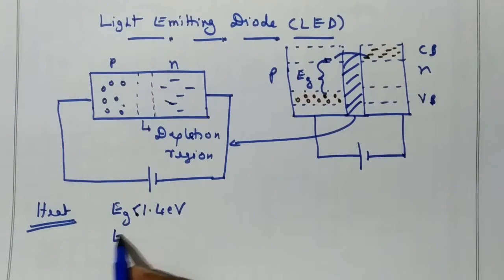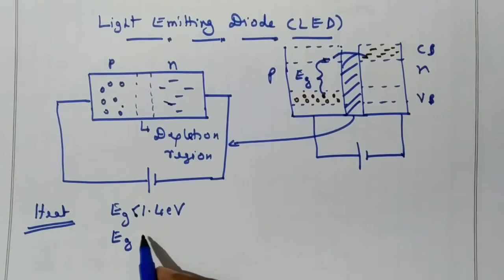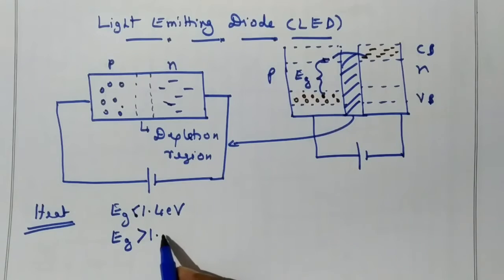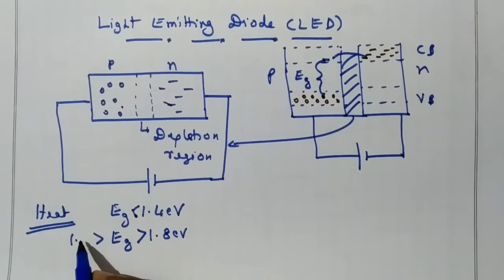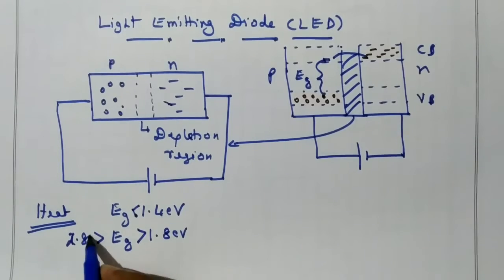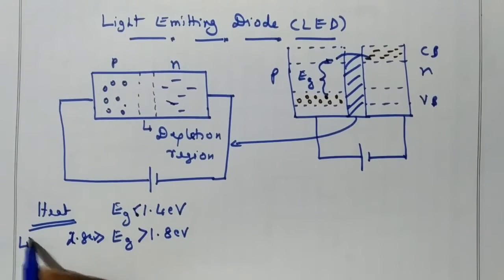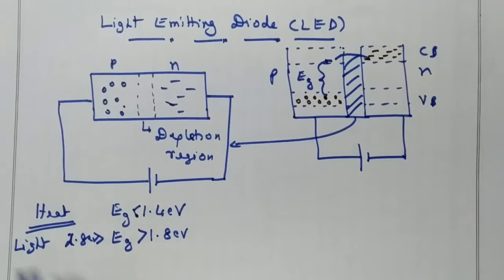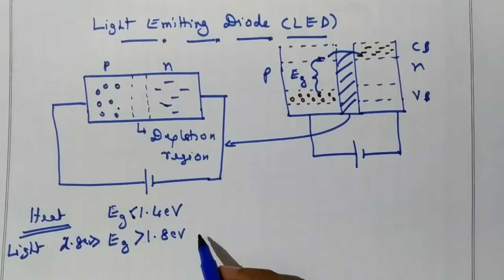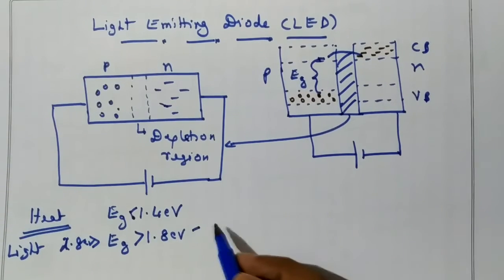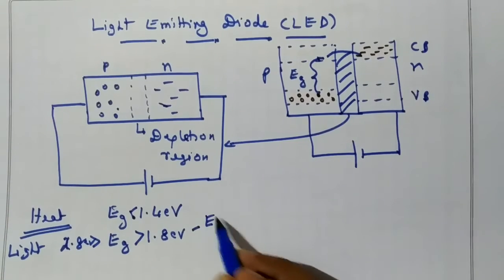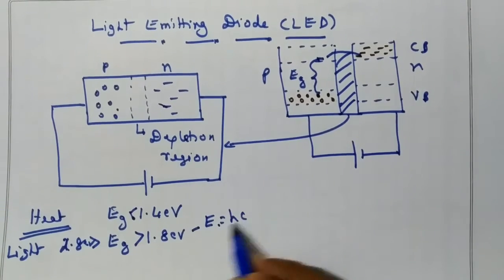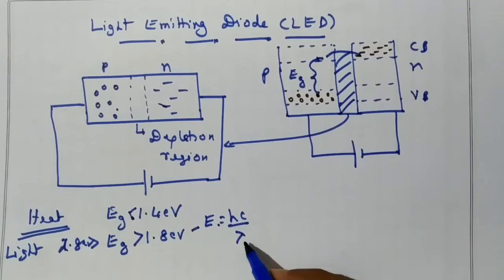If the forbidden energy gap is greater than 1.8 electron volt and less than 2.8 electron volt, then it will be emitted in the form of light. Why? You know the equation of energy and wavelength: E equals hc divided by lambda, where lambda is the wavelength.